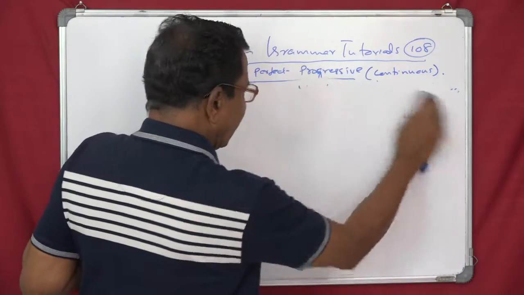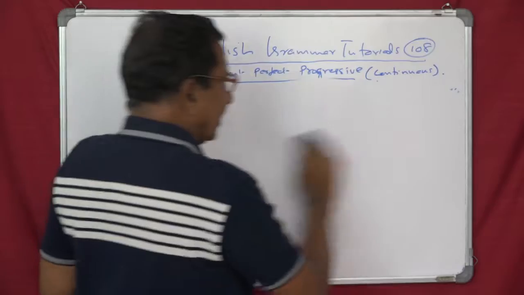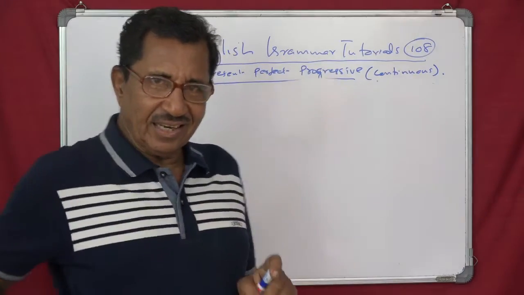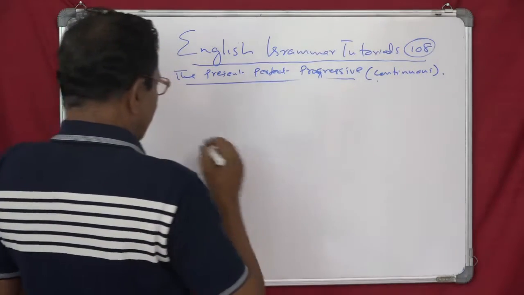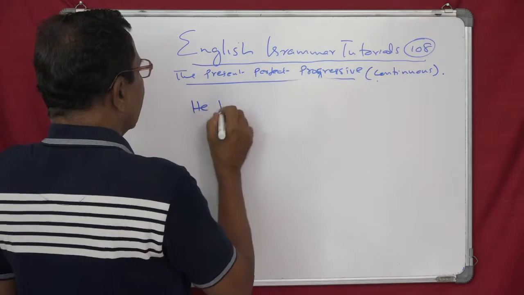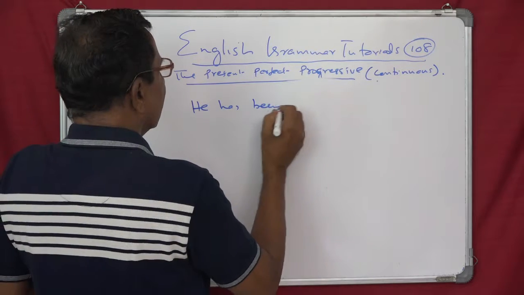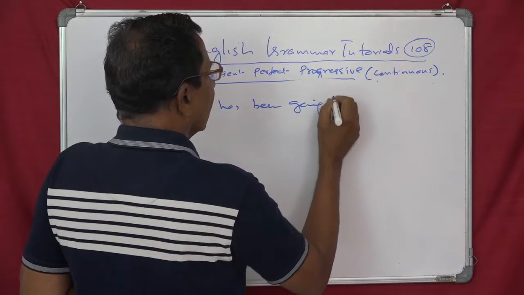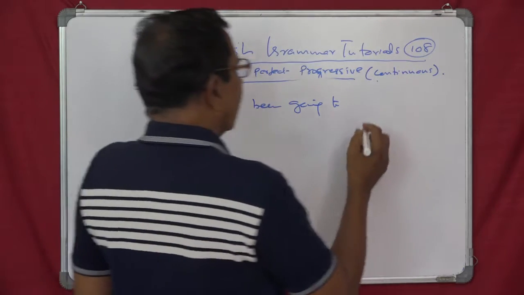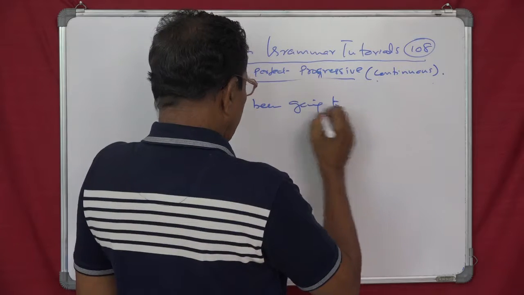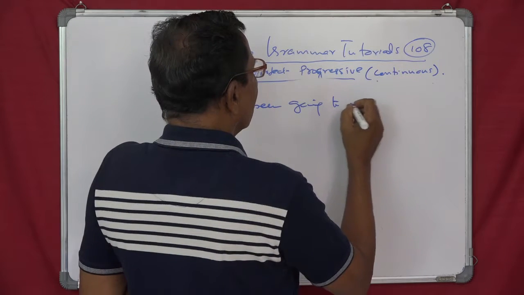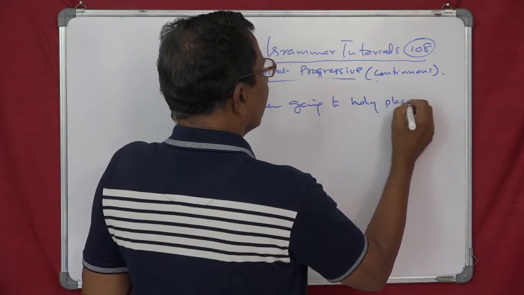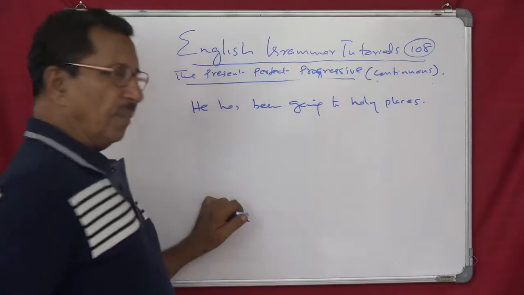And then we have got sentences like this. Let's see, one starting with the auxiliary, so yes or no, and then going to WH. Okay? Then let's see. He has been going to holy places. Places of pilgrimage, holy places.